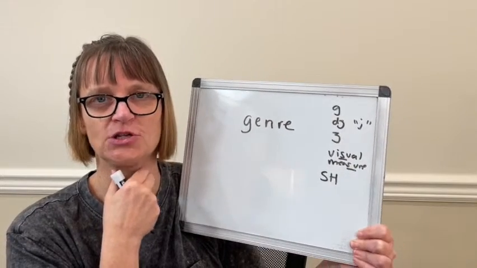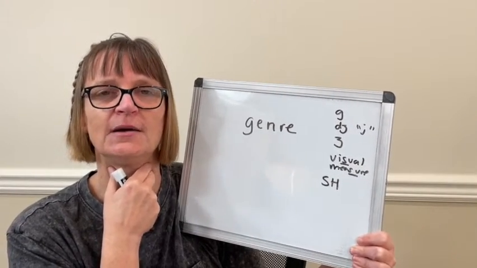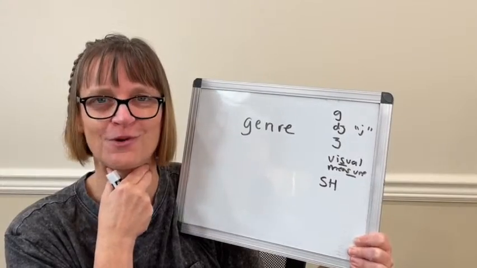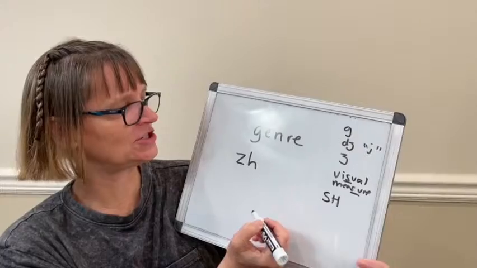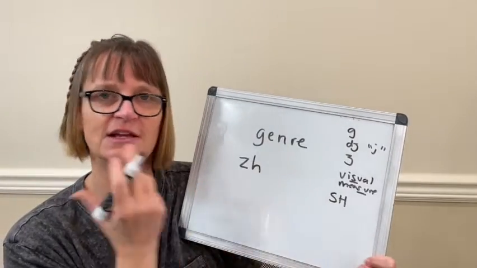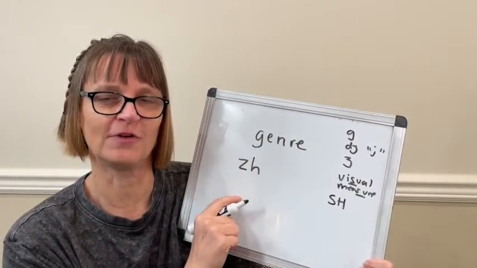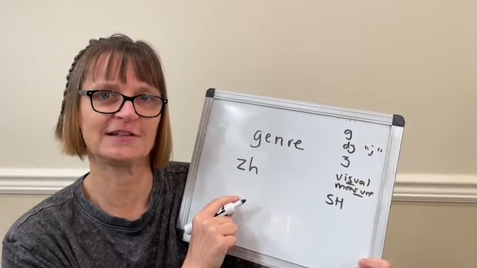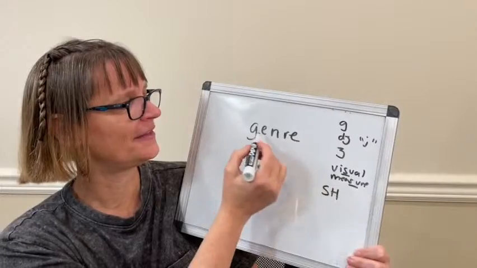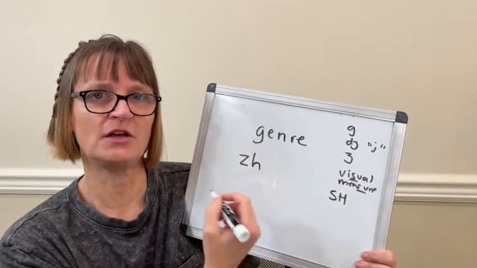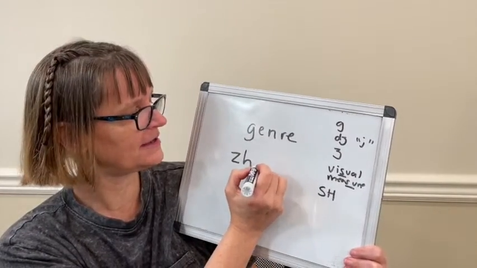It's just as I'm saying j in genre, I need that mouth shape, and then my voice needs to be on. I usually rewrite it with ZH just to think of the SH and ZH, but again, we don't really write ZH, that combination in English. But if I put an S there, that's not going to help you. The letter E in genre is an ah sound.